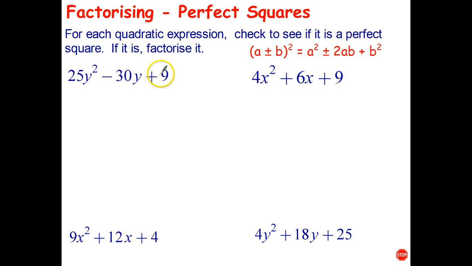So, is this a perfect square? Does it fit the pattern of a squared minus 2ab plus b squared? Well, if it does, 25y squared is a squared, so a is going to be 5y. b squared is 9, so b is going to be 3, and the middle term, 2ab, is 2 times 5y times 3.